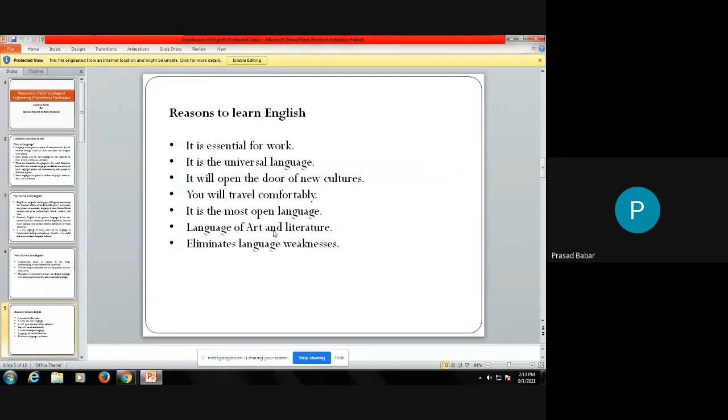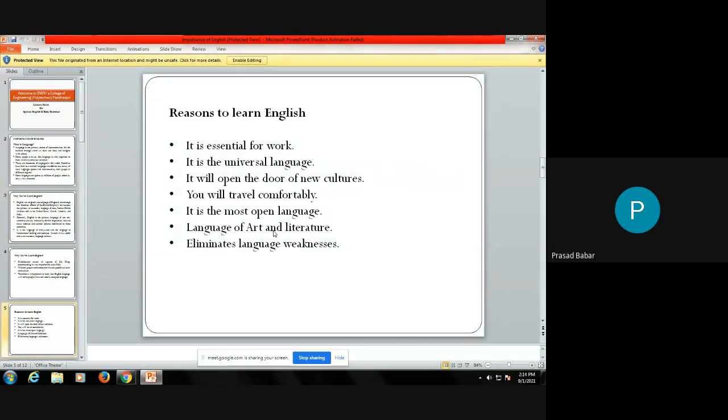But if someone from another state or another country has some official work, then in which language will he communicate? He will communicate in English or Hindi or his own state language.